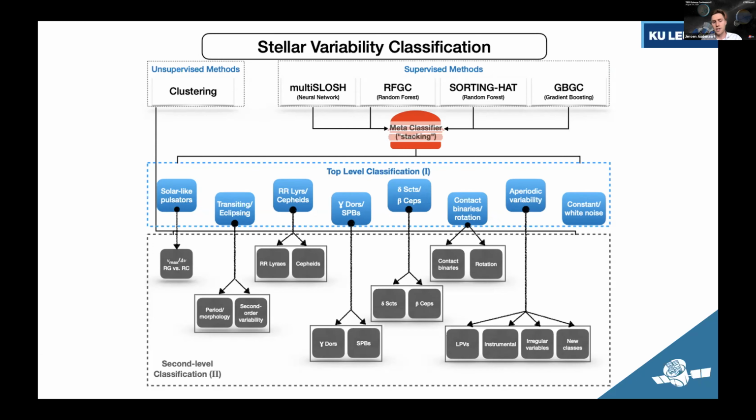And in the next stage, a second level classification, we also use additional information, such as color information, to classify these classes in more depth. And here we also use unsupervised machine learning methods, while in the top level classification, we use supervised methods only. And we actually combine multiple separate classifiers, as I will detail in some of the next slides, to come to an optimal prediction.